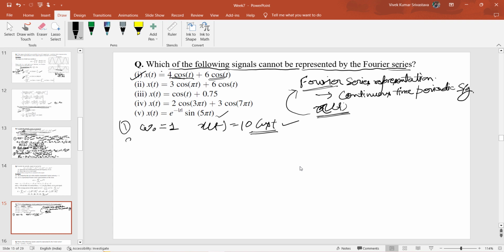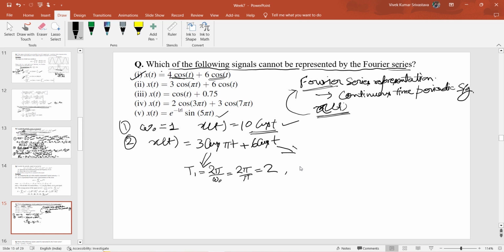Whereas for the second signal that is given to us, x of t, that is 3 cos of pi t plus 6 cos of t. If we calculate the corresponding time period, for 3 cos of pi t, the time period t1 is equal to 2 pi by omega naught, which is 2 pi by pi, and this is equal to 2.